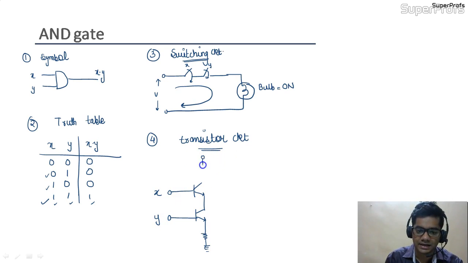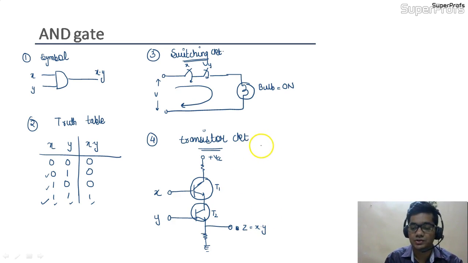This is our collector, this is another resistor, this is plus VCC, this is our T1 and this is our T2. And from where are we taking the output? We are taking the output from this point. So let us call it Z, which is X dot Y.